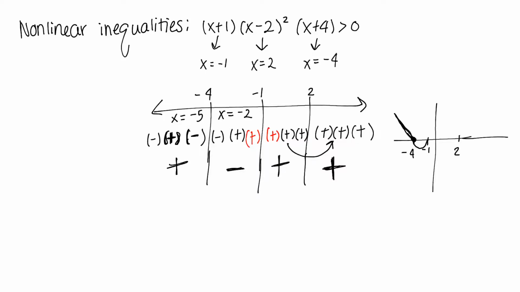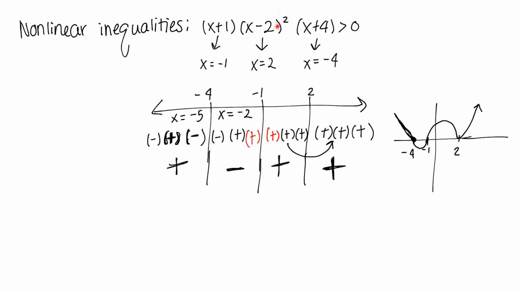All I'm going off of right now is positive means above the x-axis, negative means below the x-axis, and these numbers are x values. And then it's positive up until 2, and then it has to stay positive there. If it stays positive, it has to bounce off the x-axis. So I want you to keep in mind that the power on each factor relates to whether or not it could cross the x-axis.